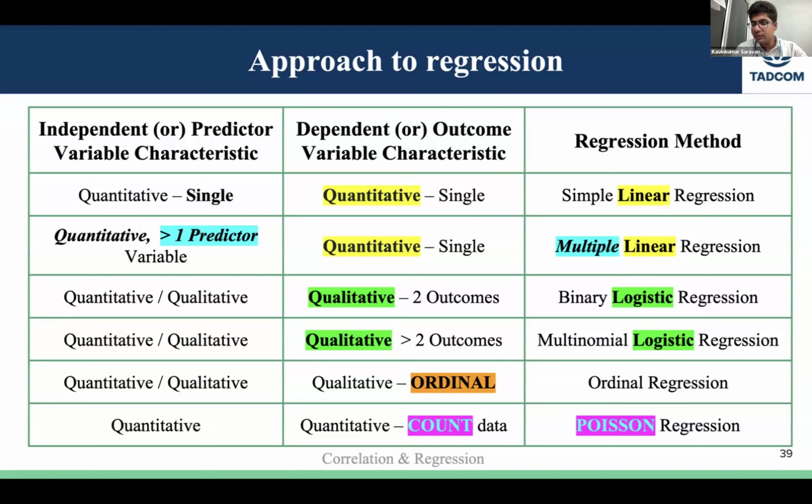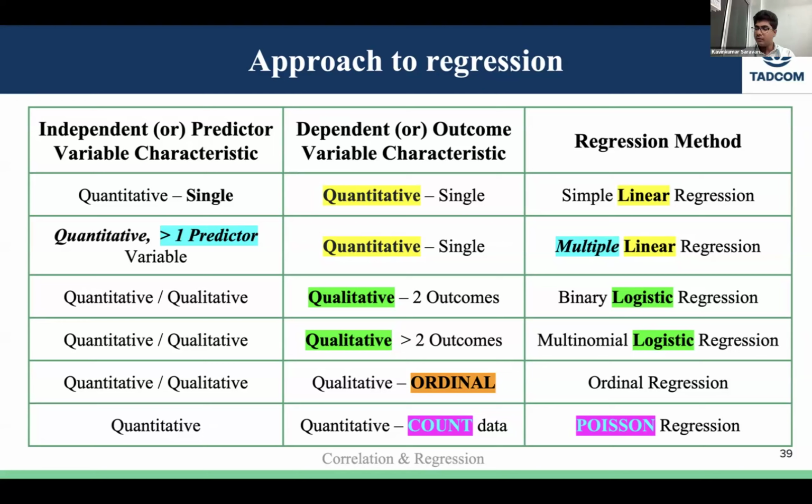Next comes the final kind of regression, known as Poisson regression. In this, the outcome is numerical, quantitative data, but here the number is not the routine continuous type. Here we are going to have counts, for example, the number of readmissions, number of falls, or the number of adverse events in the trials.